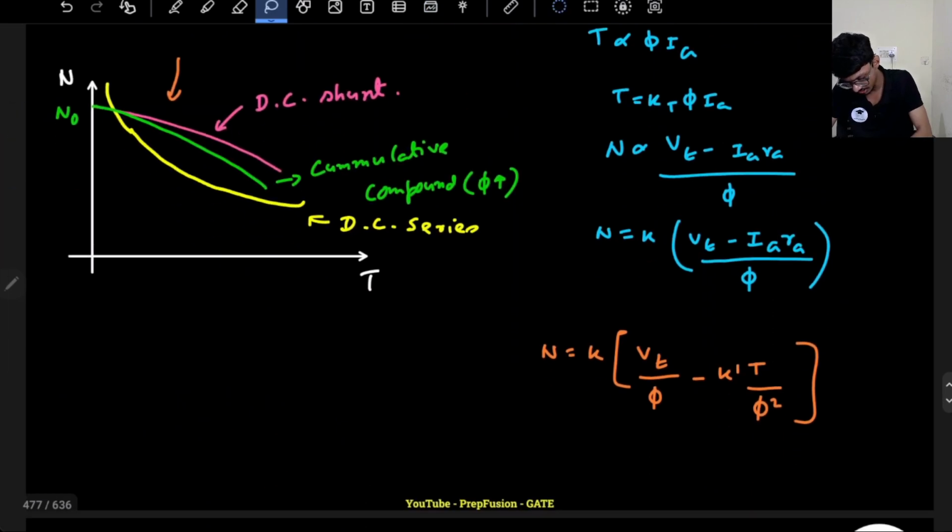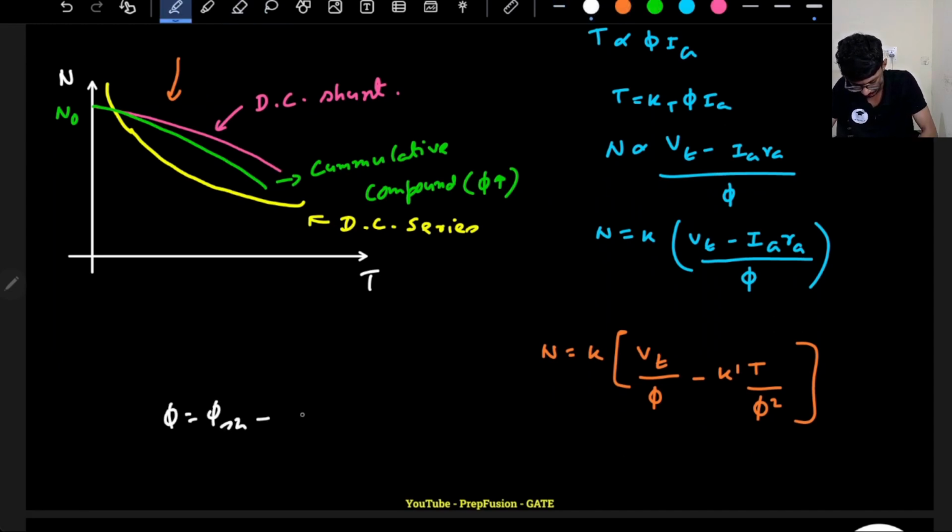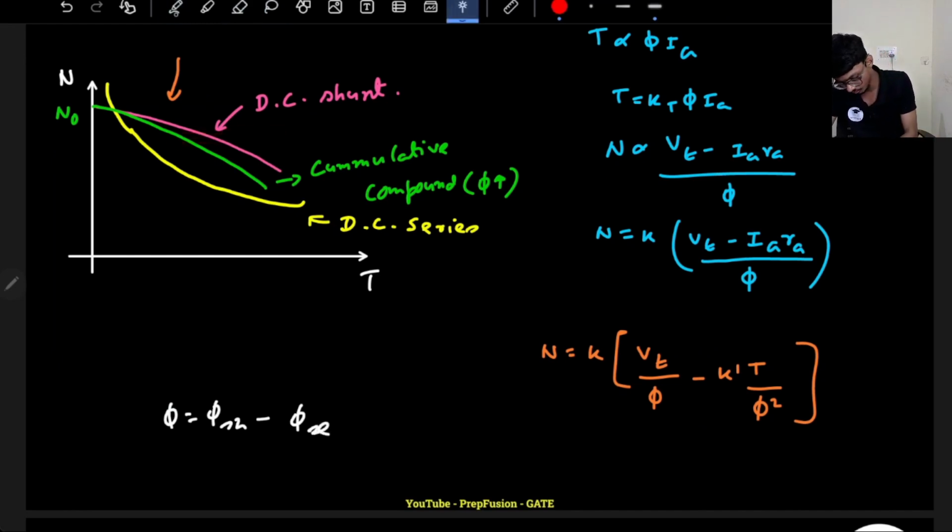so initially, what is my flux and what is my torque? Initially, flux is phi sh minus phi ac. So initially again we will follow our shunt machine only. We will start from the same point, same N naught here. After this, what happens? If the torque increases, the load current will increase.